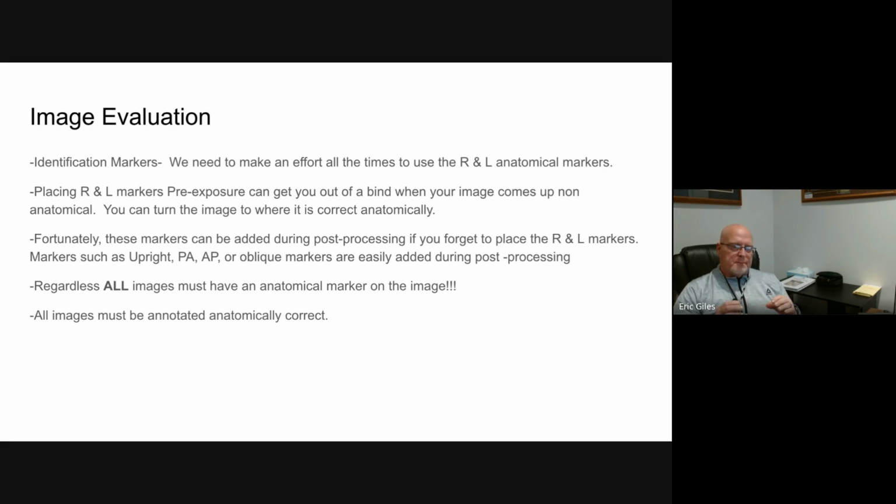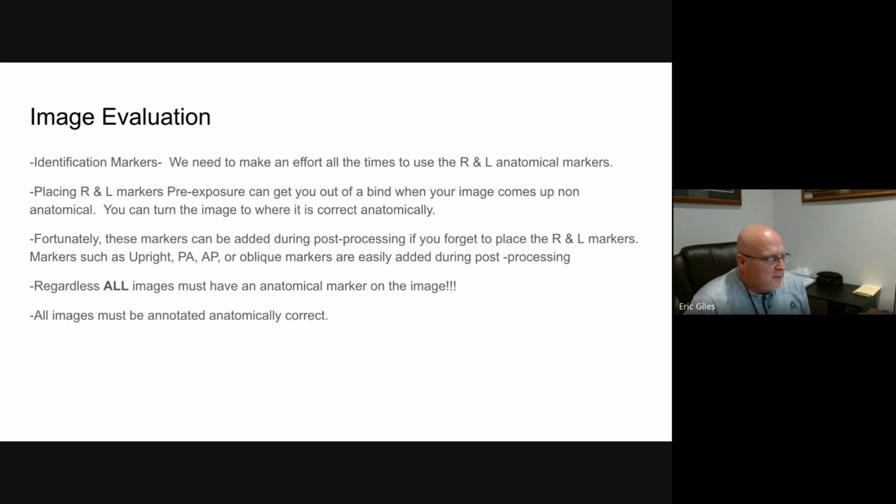Just know the projection that you shot that image, and once that image comes up and it looks correct, and hopefully you've got your right and left markers on there, you can go in and add an upright or a supine, whether that is a PA picture or an AP picture. You can do all that post-processing before you save the image. Once you save that image, it's done.